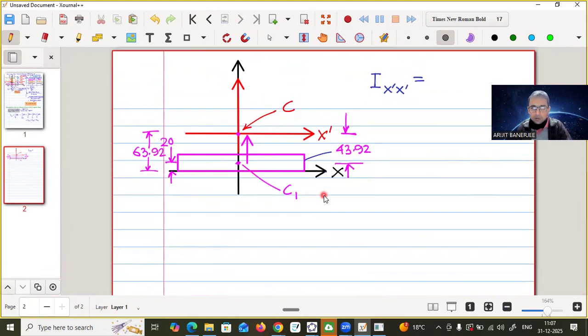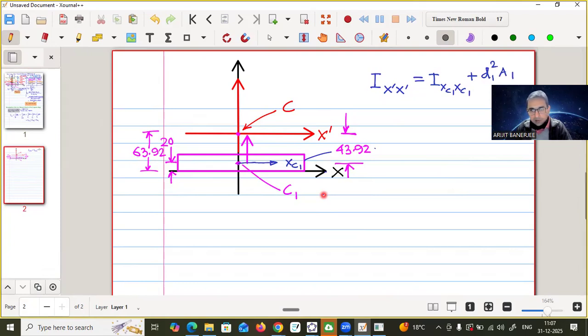Can you tell how to transfer? About this axis we know. Say this is xc1. I x prime is equal to I xc1 plus d1 square into a1.